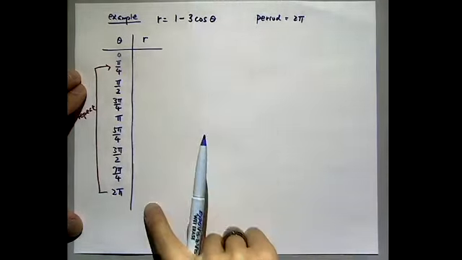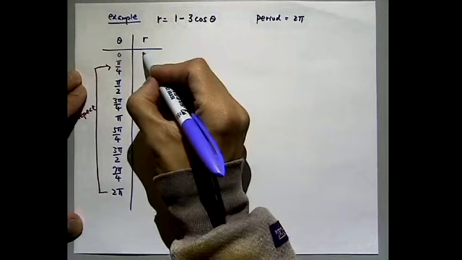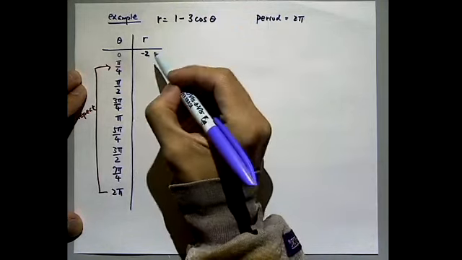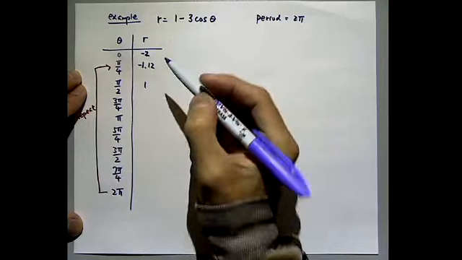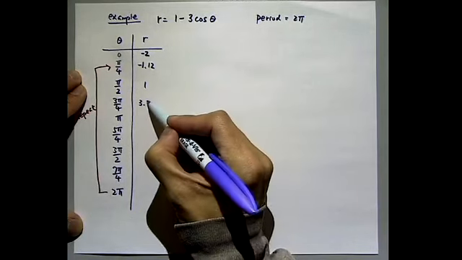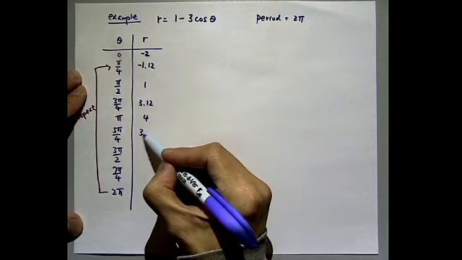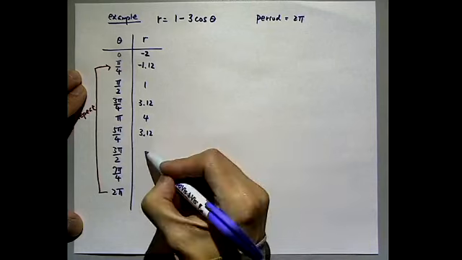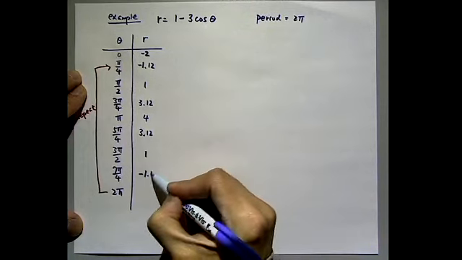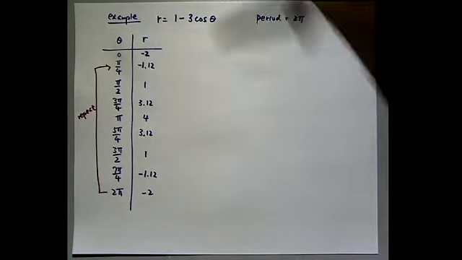Then we do the same thing. Plug this into here for r. Let me fill in these values, and I'm going to round everything to 2 decimals. These values come from that equation.